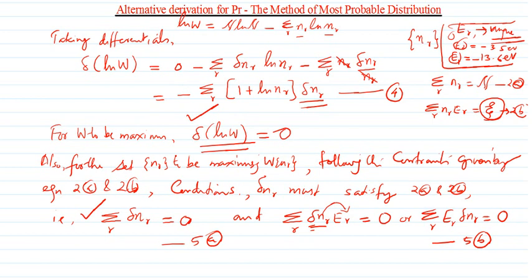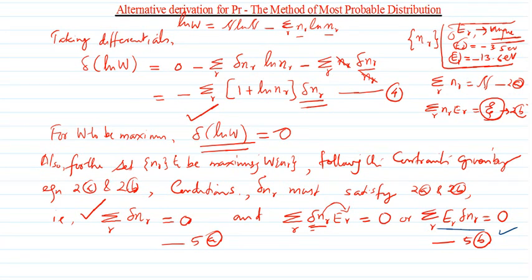From the constraint equations 2a and 2b, we have rewritten the expressions as sum over r of delta nr is equal to 0, and sum over r of er delta nr is equal to 0, which are written as 5a and 5b respectively. So this is the maximization that we have to perform now.